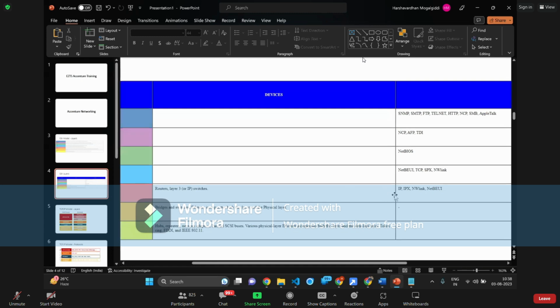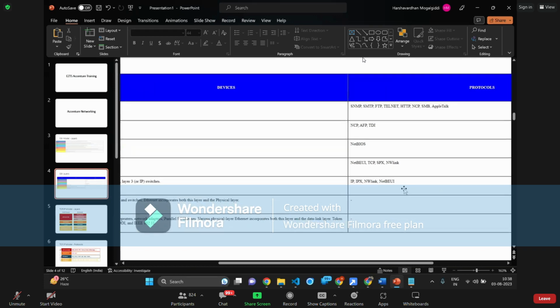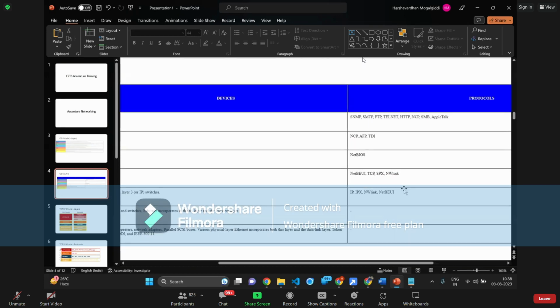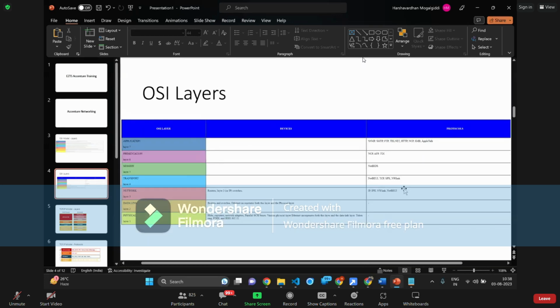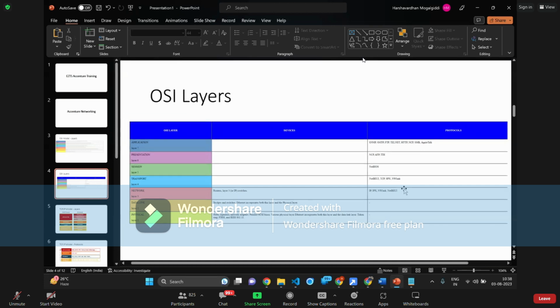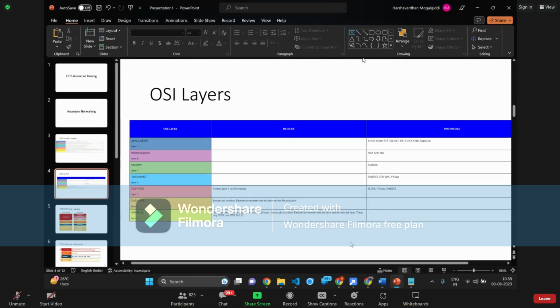IP stands for Internet Protocol. IPX stands for Internet Packet Exchange, NWLink, and all these protocols. Take a screenshot for this also. So what different protocols do we have on the network layer? IP, IPX, NWLink, etc.